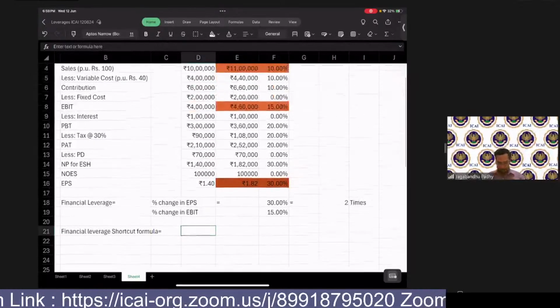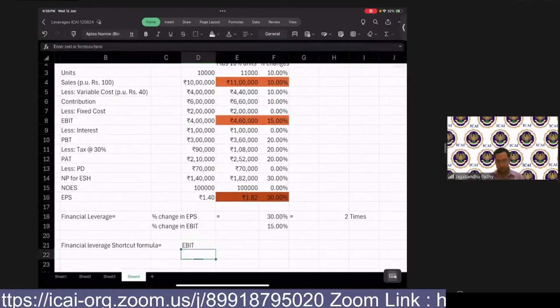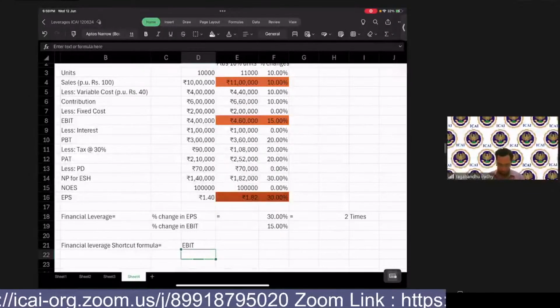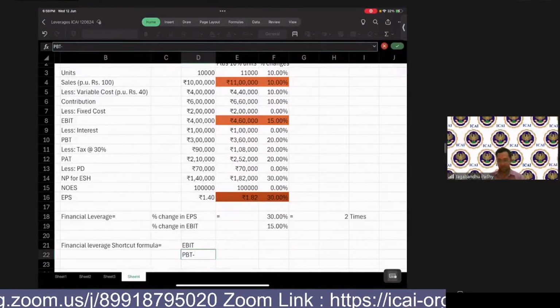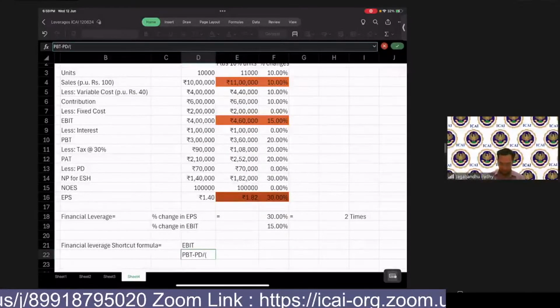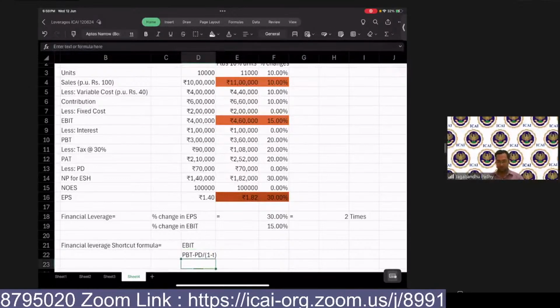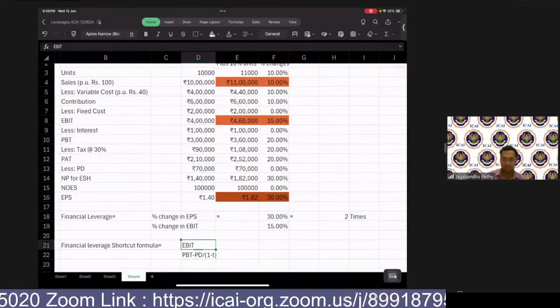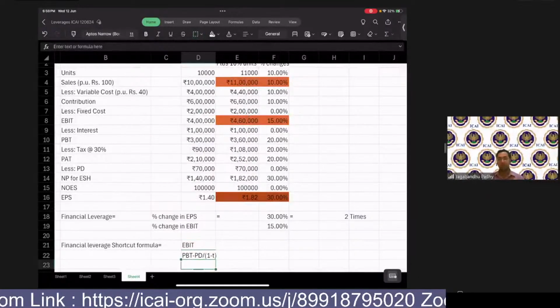It will be EBIT upon profit before tax, but from that we further reduce the preference dividend, divided by 1 minus T. That's the shortcut formula for financial leverage.